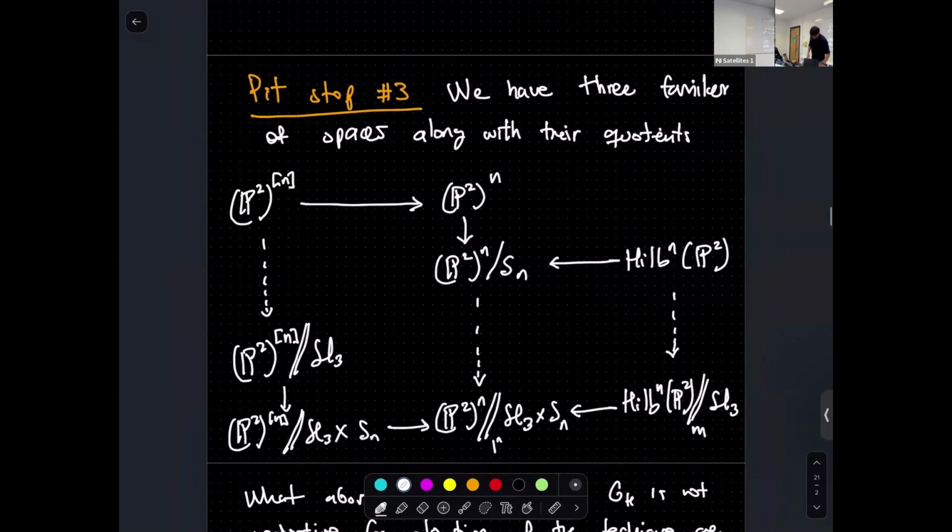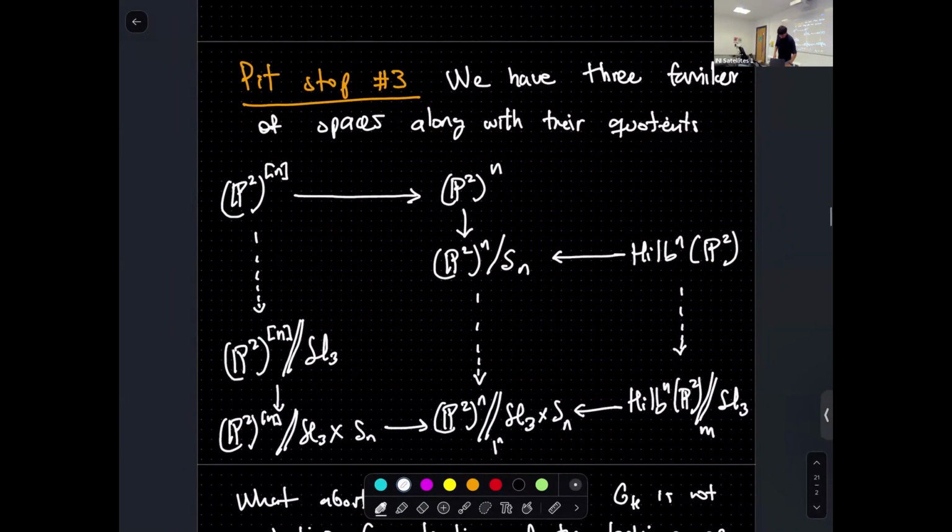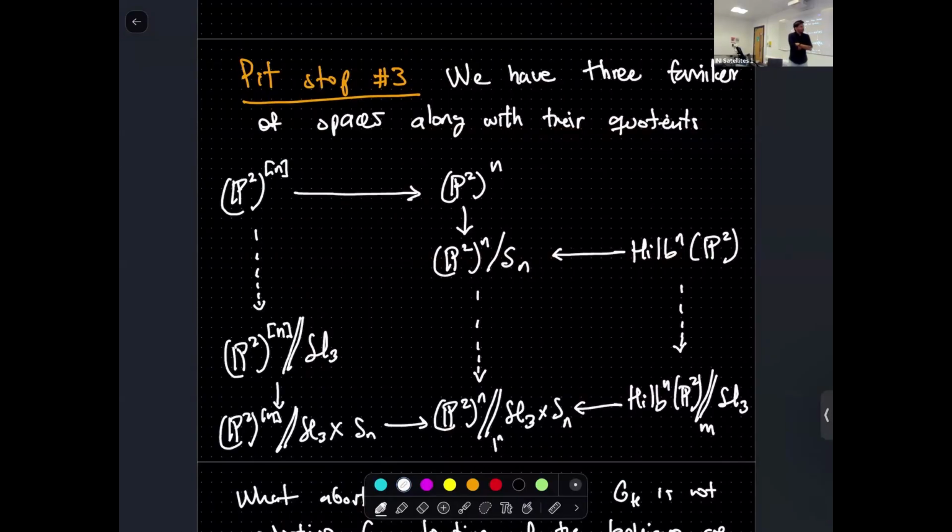So let me say this is kind of where we are. The conclusion more or less is that when you think about points in P2, you have families of spaces related to each other. In here, you just let the points collide in P2 and nothing happens.